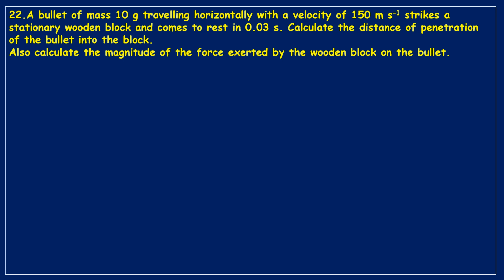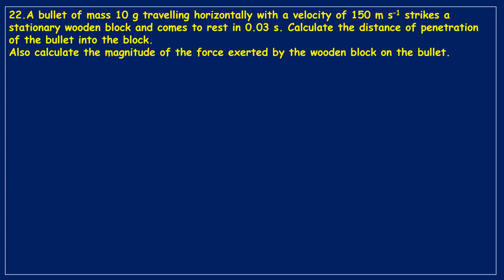Then it strikes a stationary wooden block and comes to rest in 0.03 second. Now calculate the distance of penetration of the bullet into the block. That means how deep the bullet pierces into the wooden block, right? That we have to calculate.